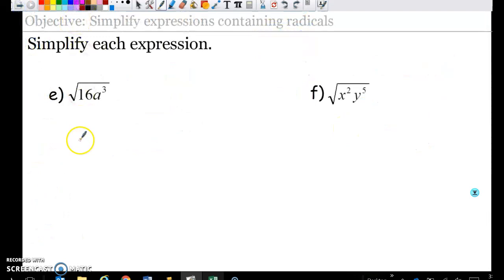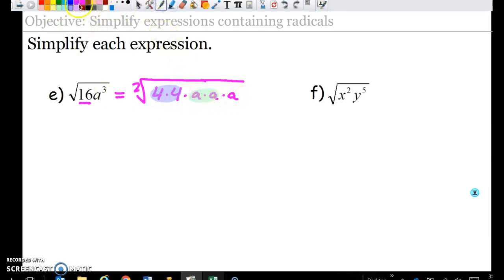What happens if I have variables? It works the exact same way. Look for perfect squares. Is 16 a perfect square? It sure is. 4 times 4 times a times a times a. And of course, you're looking for pairs of 2 because the index on this radical is 2. So let's highlight. I have a pair of 4's that I can take out, and I have a pair of a's.